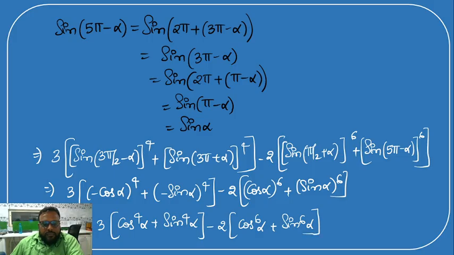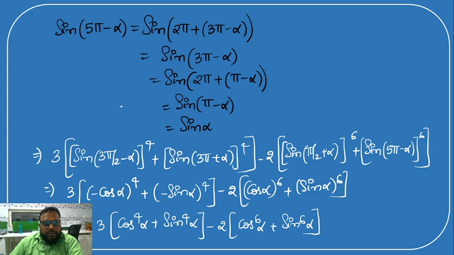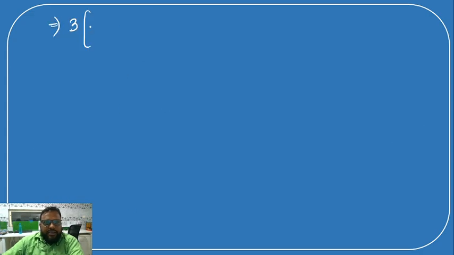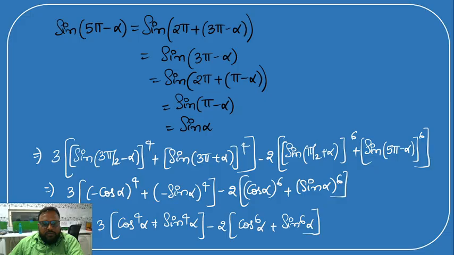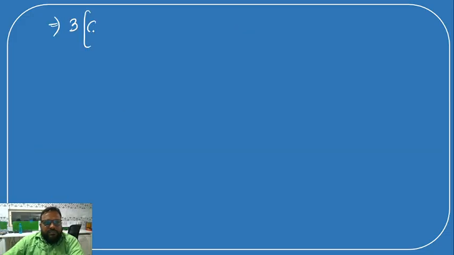Okay. Next step. So 3 into cos to the power of 4 alpha, I will keep it as it is, plus sin to the power of 4 alpha, I will keep it as it is. I will just add and subtract 2 cos square alpha sin square alpha.